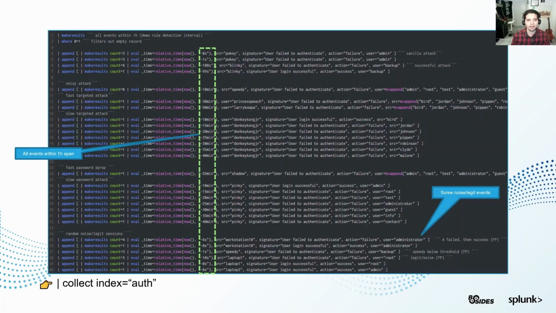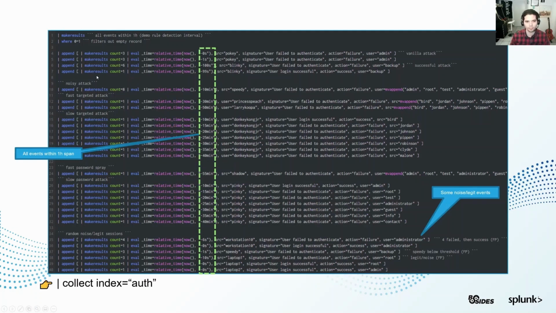Here is basically how this data set is created. Not anything fancy, not using eventgen or any attack simulation framework. I'm basically using the Splunk language itself. As you can see here, I use a series of append commands just because it's very easy.